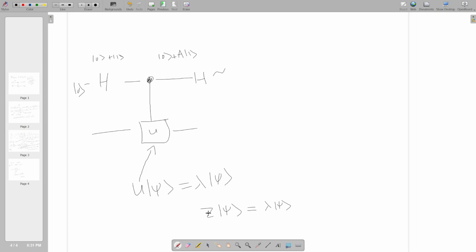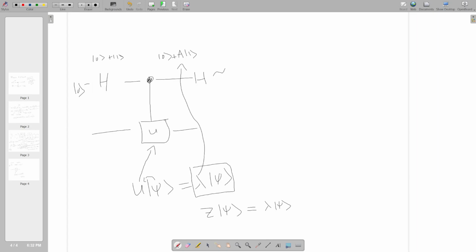This has to be an eigenvector of z when this isn't necessarily an eigenvector of z. But if this is an eigenvector of u, then we can find the eigenvalues of u using this technique because it encodes this global phase down here into the local phase up here. So this is going to become important for algorithms in the future.